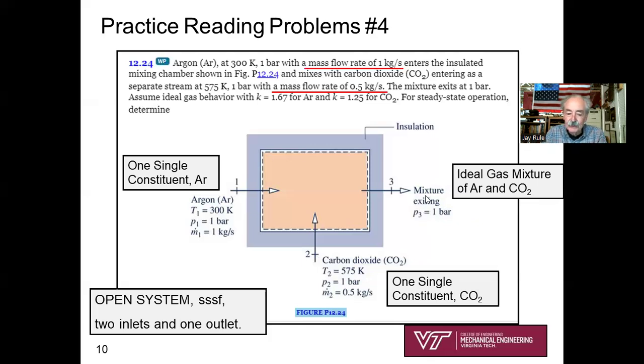So do you see that the mass fraction of the argon coming out here would be 1 divided by 1.5, and the mass fraction of the CO2 coming out here would be 0.5 over 1.5? So the mass fractions are given. You can figure out the mass fractions without being explicitly told what they are. So you get the idea?